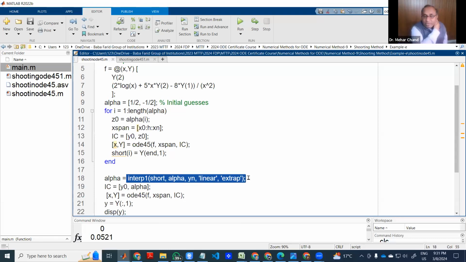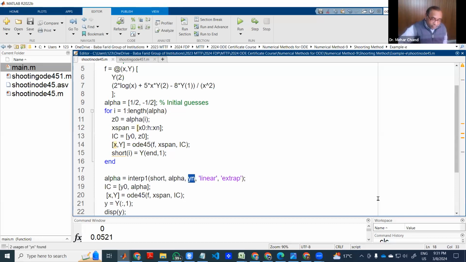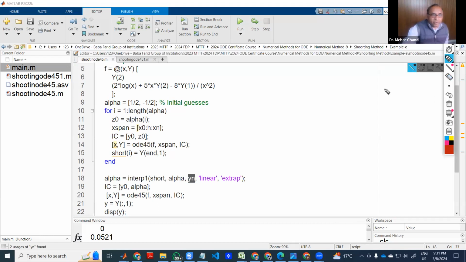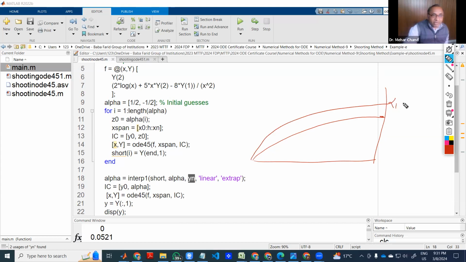The main purpose is to find the value of alpha which will give this value yn. We have two values. See again, what is our purpose here? Just to find the value of alpha. This was our problem. This was given: this is alpha 1, which is 1 by 2, and this was the solution when we have alpha 2 equal to minus 1 by 2, and we need this value alpha.